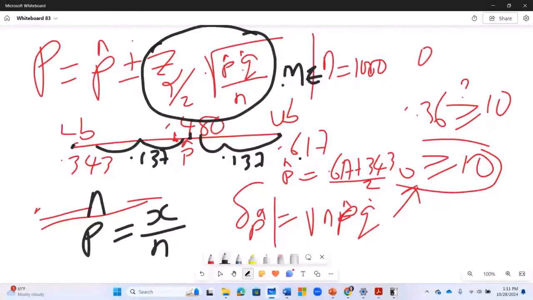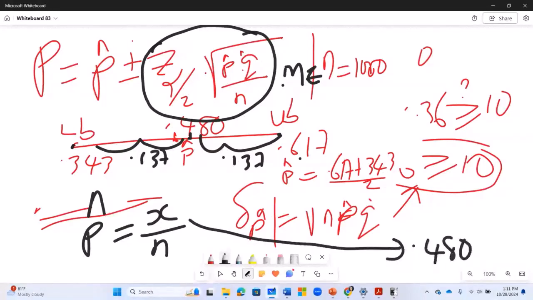So I can use the formula. 0.480 is equal to x over 1,000. All right, and this is over 1. If I multiply 1,000 with 0.480, let me get my calculator up.